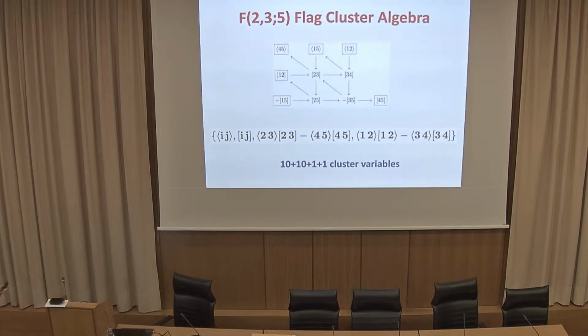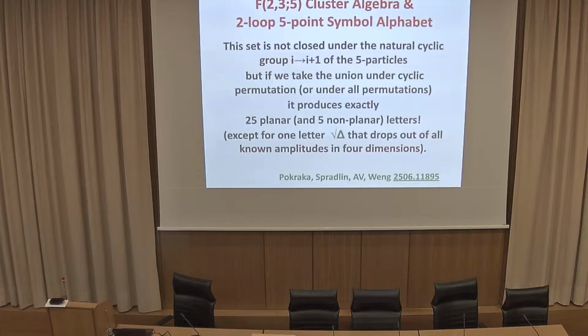There's something called flag cluster algebras, and the quiver is known from mathematics. So you take your quiver for the flags, you mutate, and you get a set. And remarkably, this matches the alphabet after some work and some permutations.